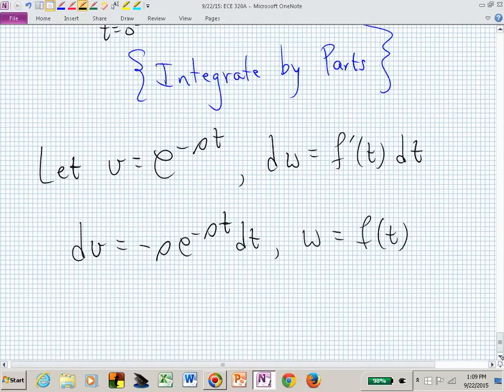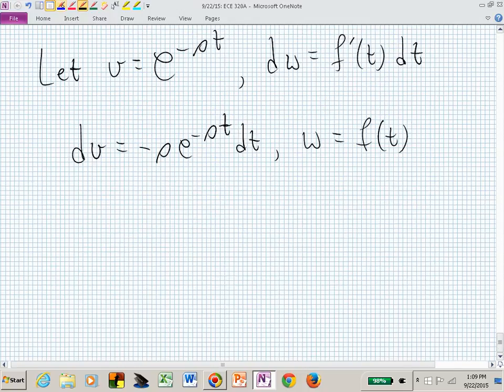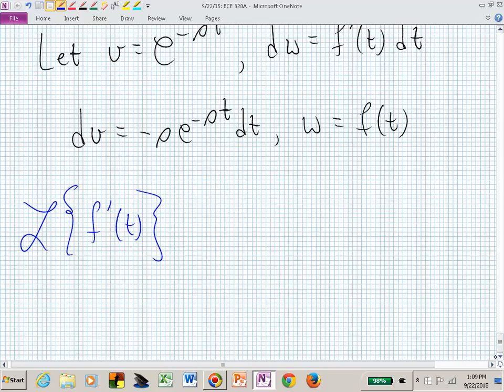Now we can do this Laplace transform of the derivative of f. This is now integrating by parts. Let's say we start with the integral of V dW. That's what we identified, V and dW. Do you remember what that equals?